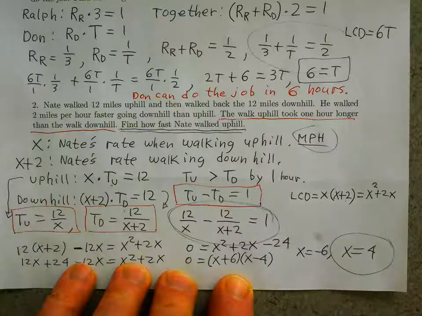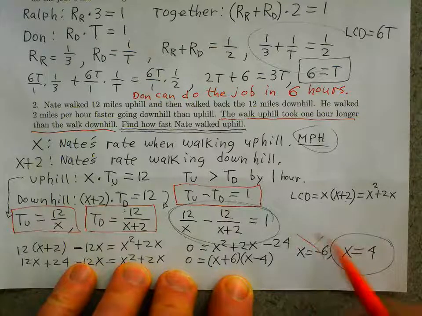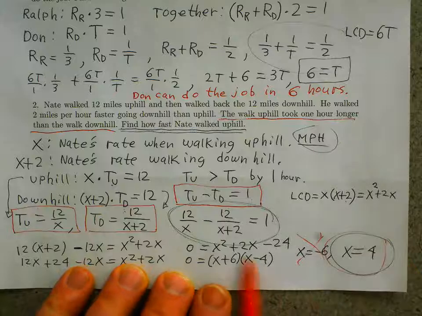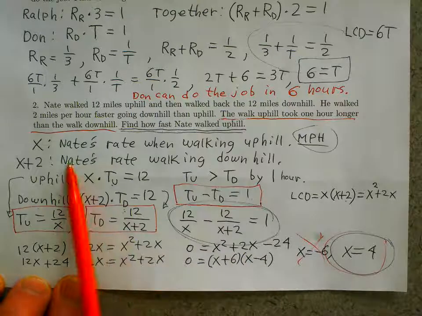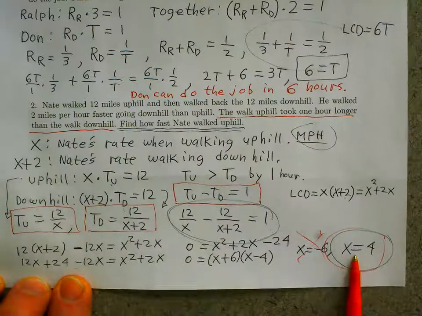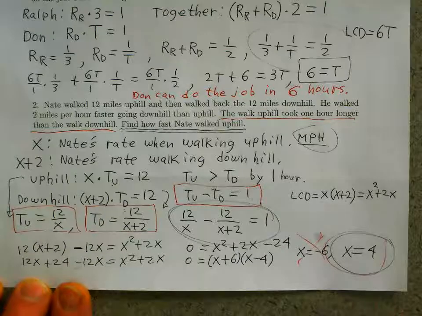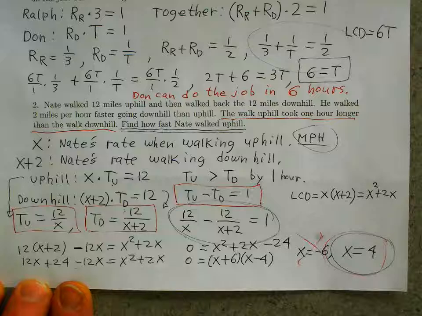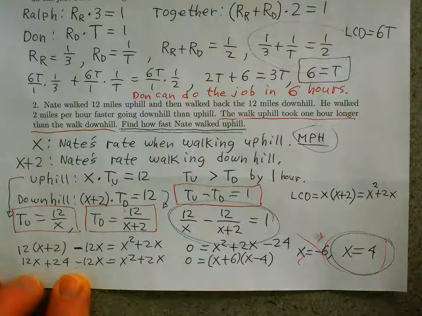So that doesn't make sense. But x equals positive 4, that makes sense. Nate's rate walking uphill was 4 miles per hour. Okay, let's move on to the next page.